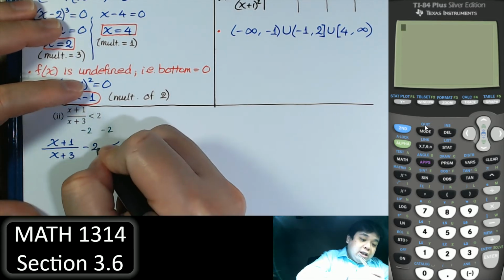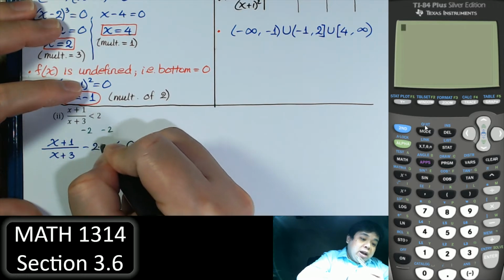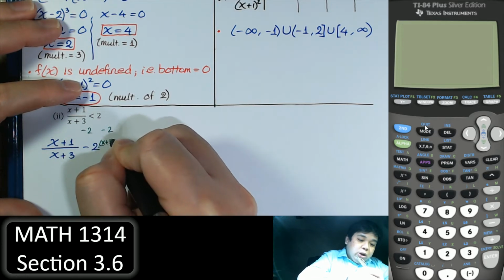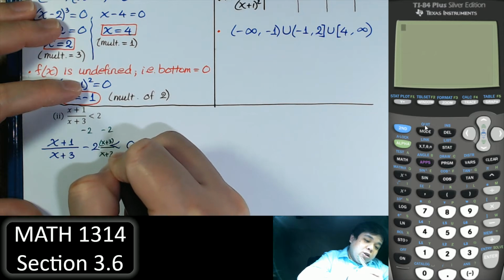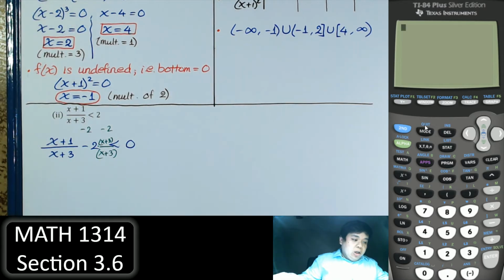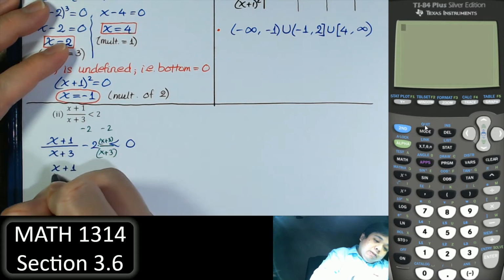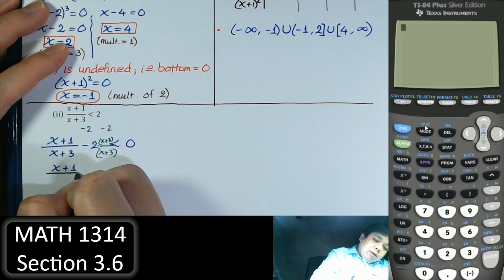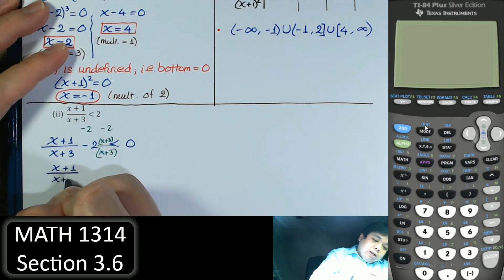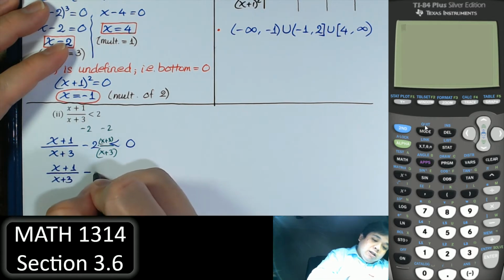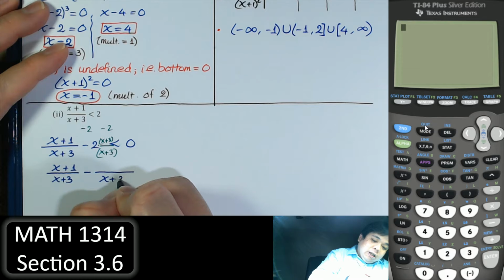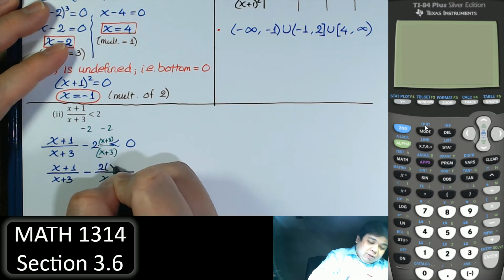What we do instead is we find the common denominator of x plus 3. So we do multiply x plus 3 and divide by x plus 3 next to it. So what I have is x plus 1 over x plus 3 minus 2 times x plus 3 over x plus 3.